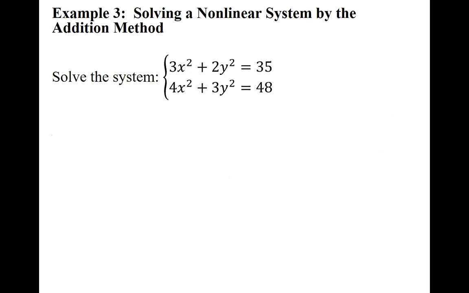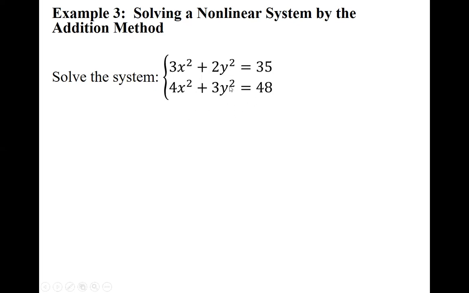So we can still use substitution. We could also still use addition as long as our two terms are like terms with each other's equation. So we see here we have an x squared and an x squared. We have a y squared and a y squared.